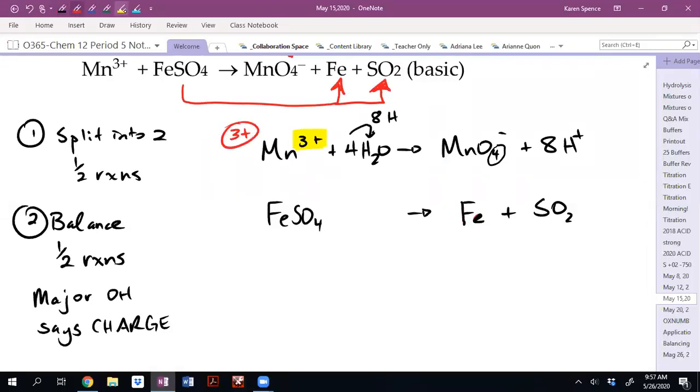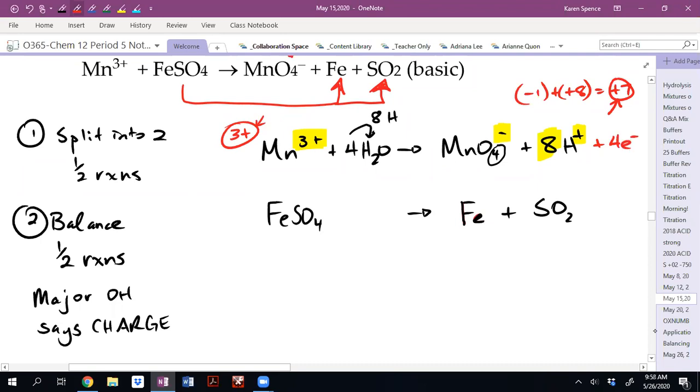Our total charge on the right, I have -1 and +8, which is +7. So I need to add electrons to the side that has too much positive charge, so that's over here. I'm trying to get it down to a 3+ charge, so I need to add 4 electrons.